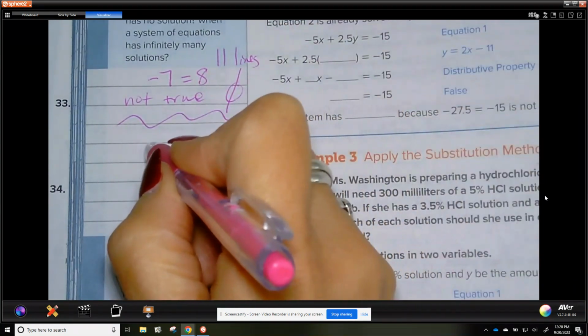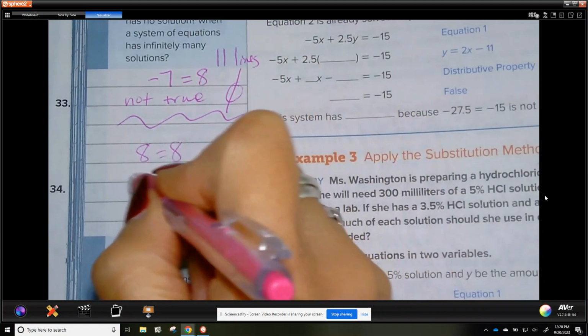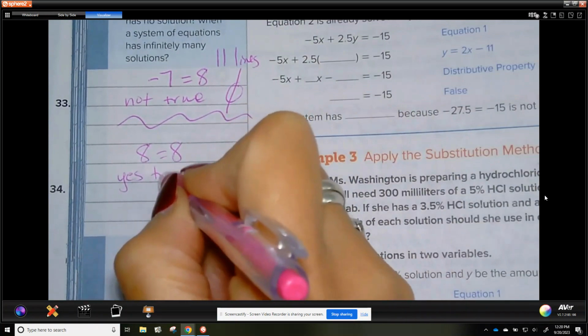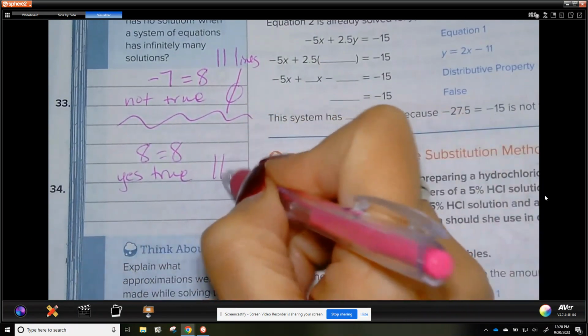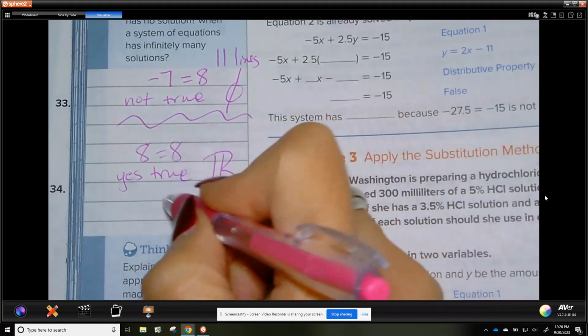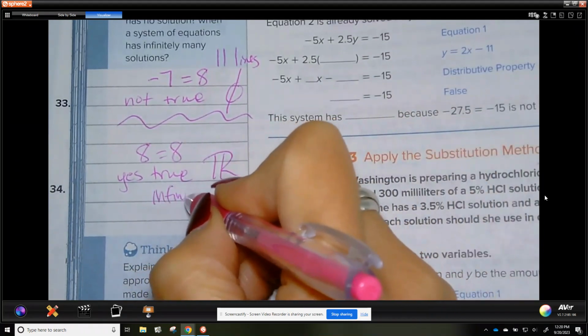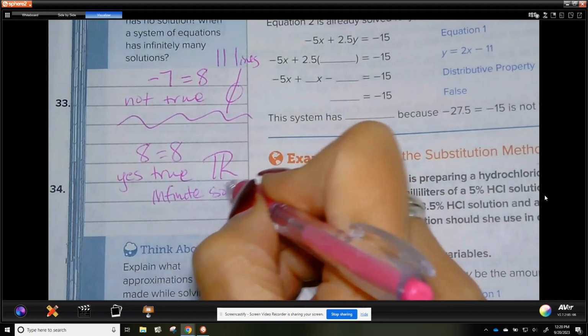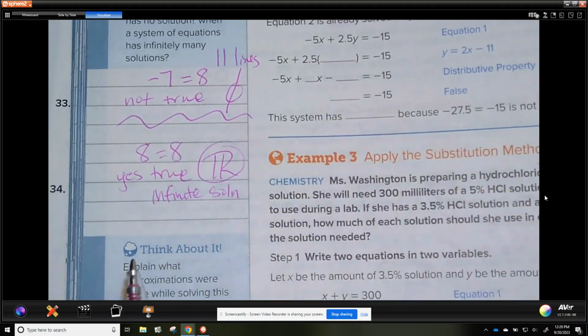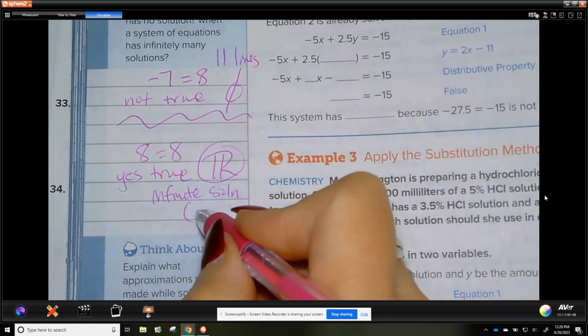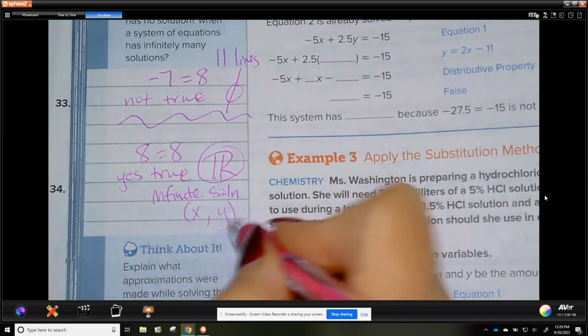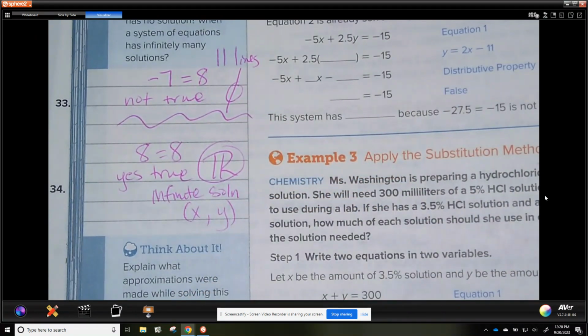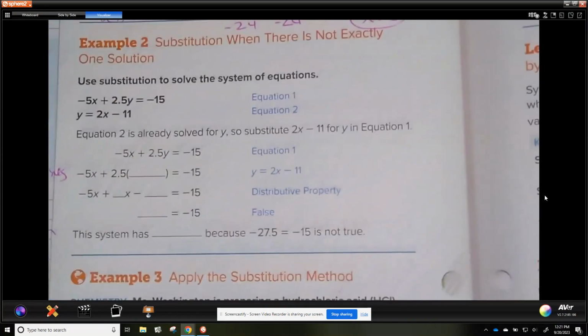Or if you get 8 equals 8, yes, that is true. So that is infinite solutions, which is a little different than all real numbers, because all real numbers is a number line, but we're using solutions because we're using any number for x and any number for y. There are two variables for this.